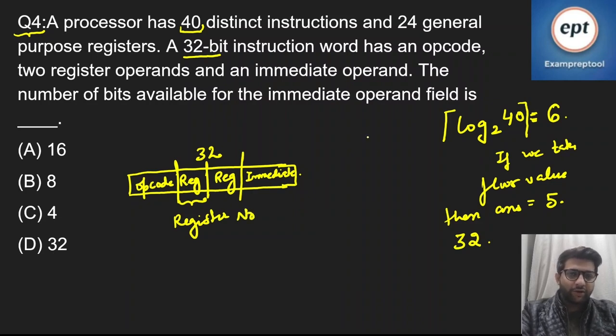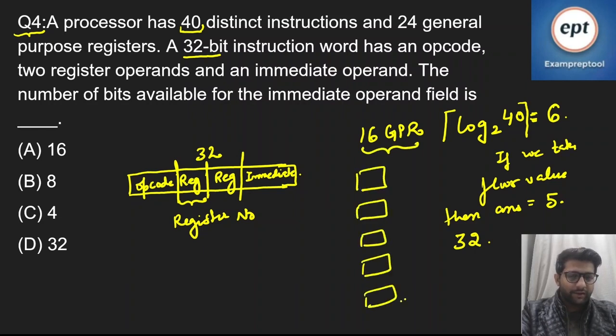So let's say this particular computer has 16 general purpose registers, right? These registers can store different values. Now every register will be given some number, right? So this register will be 0000, then this will be 0001, then this will be 0010, and so on.